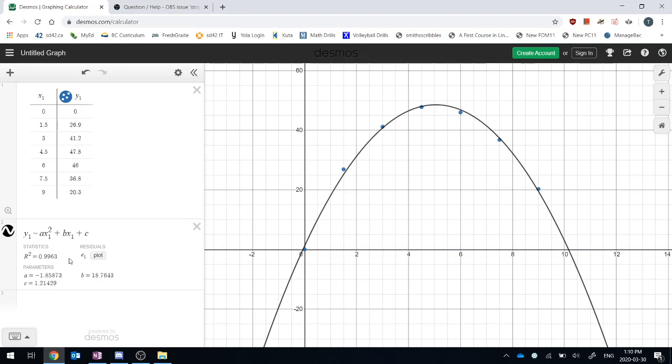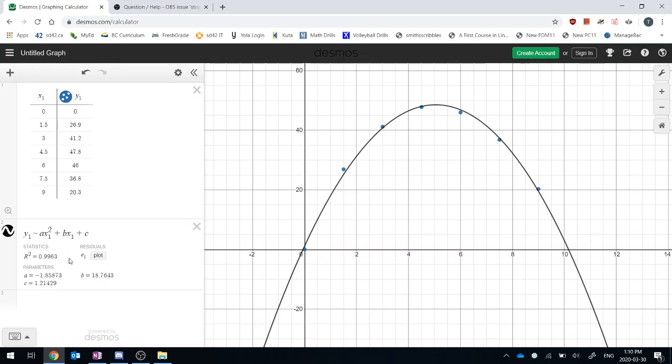The r squared value is basically a measure of how good of a job Desmos did in fitting a quadratic curve to this data. If r squared was 1.0, that would mean it's a perfect fit. It perfectly went through every single point with no issue whatsoever.